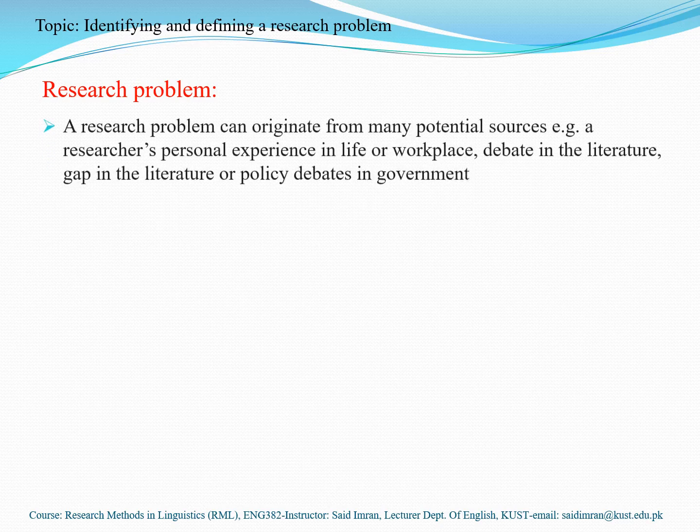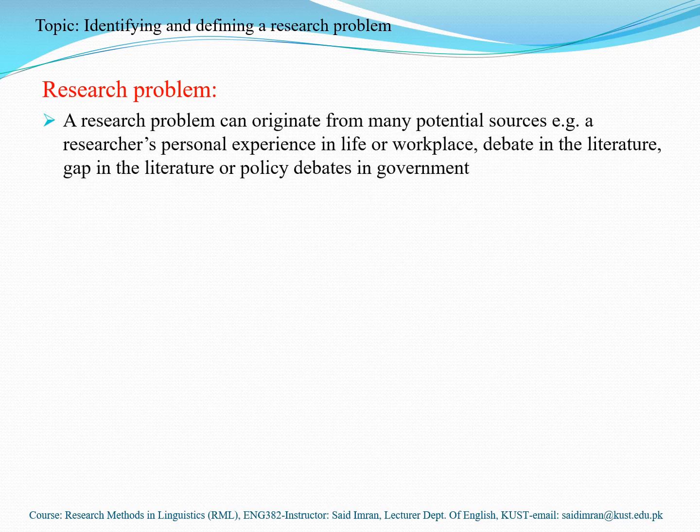Now, we should understand that a research problem can originate from many potential sources. From where can a research problem emerge? There are different potential sources. For example, a researcher's personal experience in life or workplace.